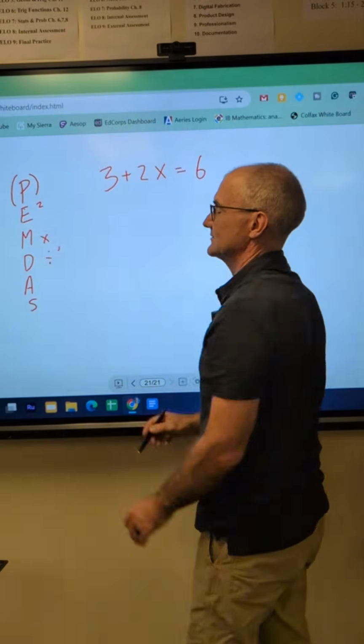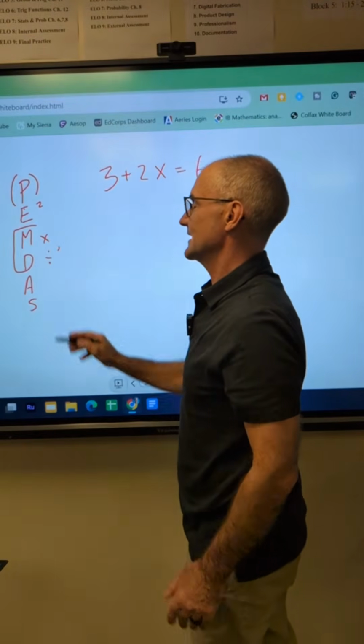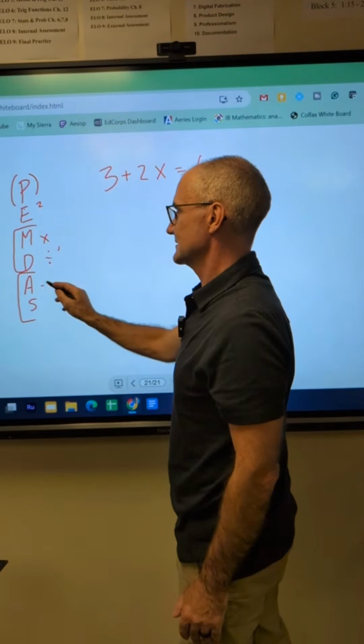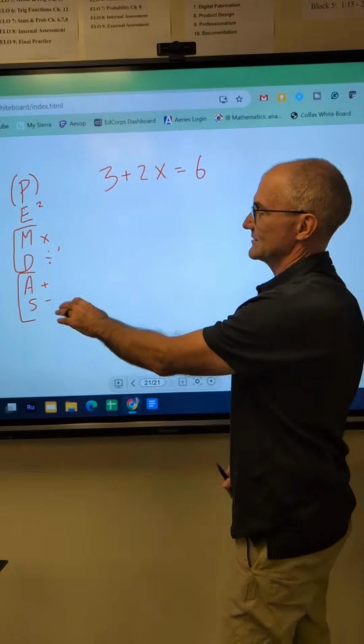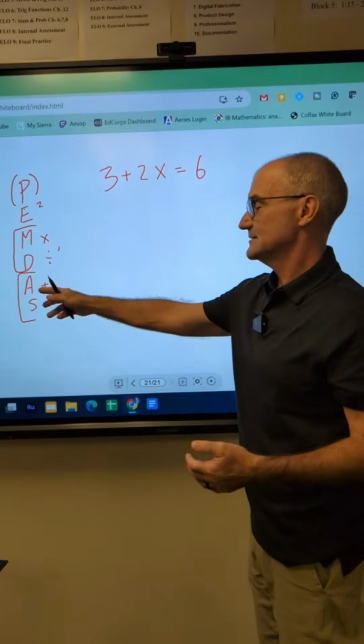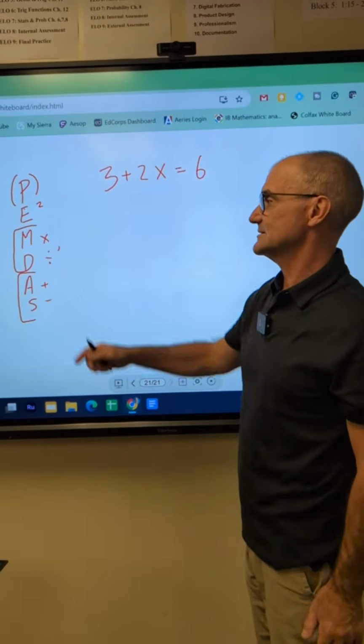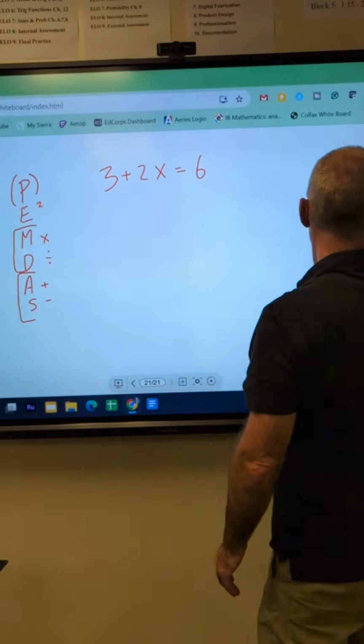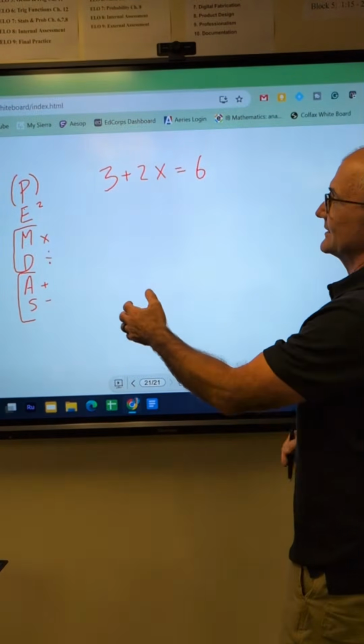They have the same weight. And then after you do that, then you do addition, subtraction, left to right, whichever one comes first. Addition, subtraction has the same weight. Multiplication, division has the same weight. Okay, so that's how you evaluate an expression.